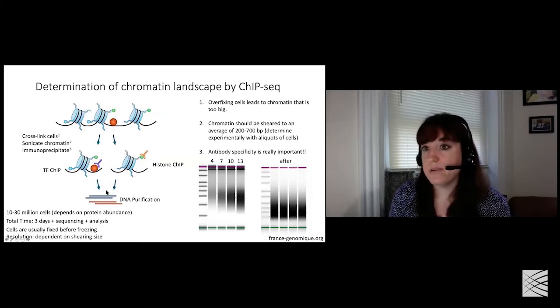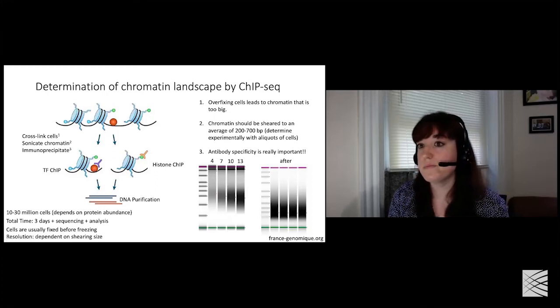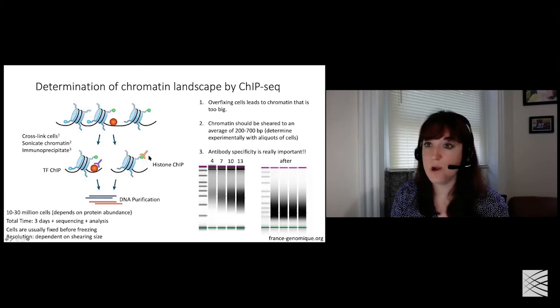Some other differences between ChIP and ATAC-seq. The ChIP needs to be done on more cells, so you need about 10 to 30 million cells. But this is heavily dependent on how abundant your protein is in your sample. If you have a transcription factor, you might need to do a ChIP with more cells, but if you're doing a histone mark that's widely expressed, then you would need much fewer cells to do your ChIP-seq.